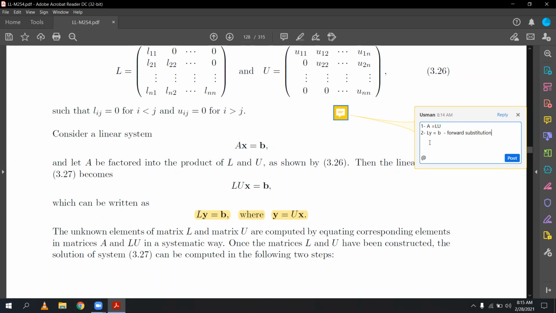We know Y1, we can easily find Y2, go down, and like this. We use forward substitution to find Y, and the last step is Ux equal to Y. U we get from the first step, and Y from the second, and after we use backward substitution, we will get X. That is the answer to the problem we are interested in.